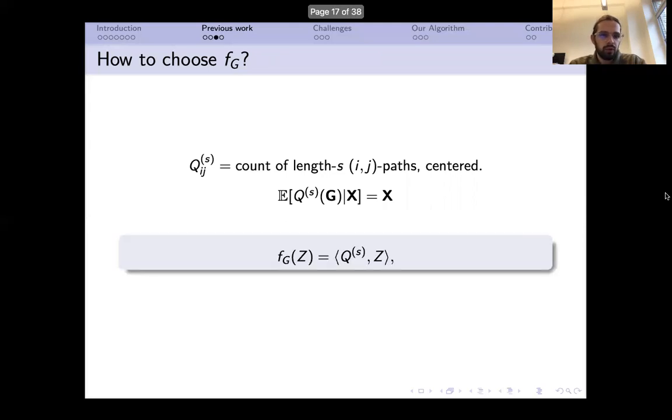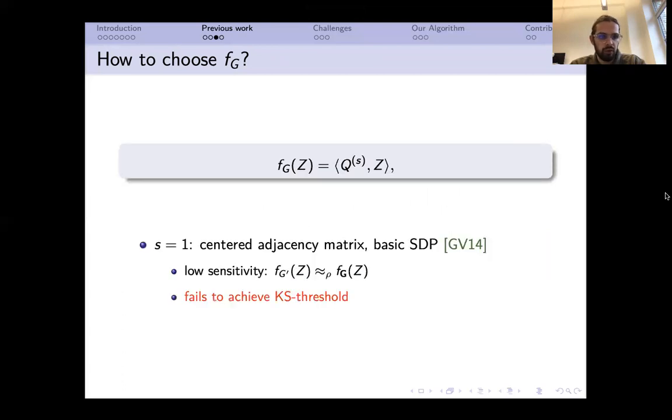Now, previous works can be phrased in this way if we choose f of G as the product between Q_S and the matrix at hand. For example, if we choose S to be 1, then we are just working with the centered adjacency matrix. And this is what previously known semi-definite programs do.